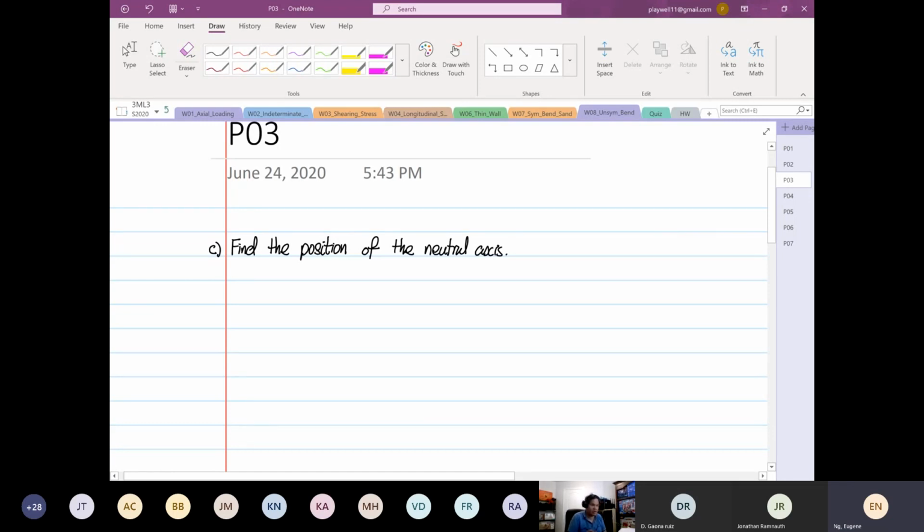Okay, so for this case, for the neutral axis, right? For the neutral axis, stress X must be equal to what? Must be equal to 0.